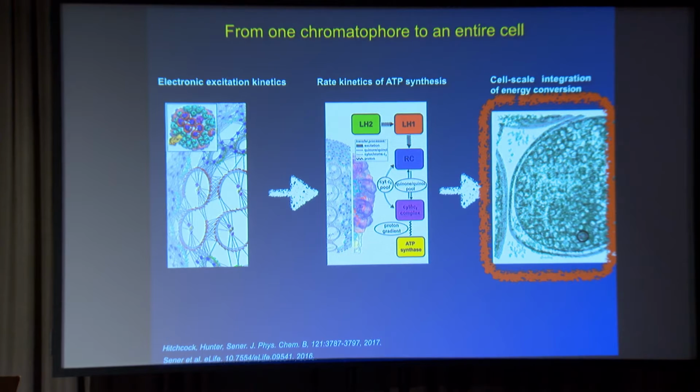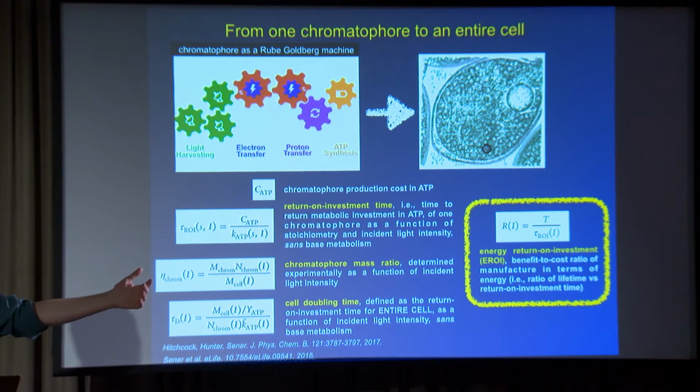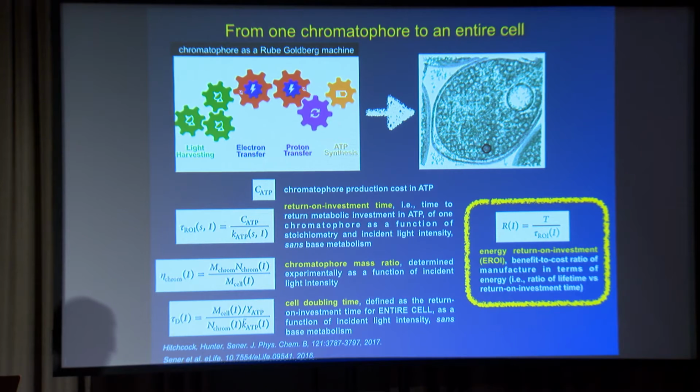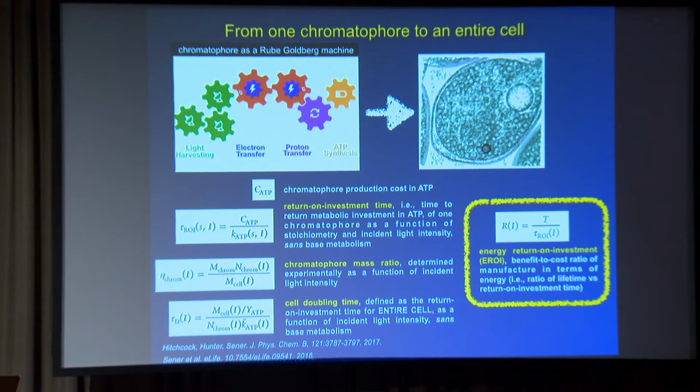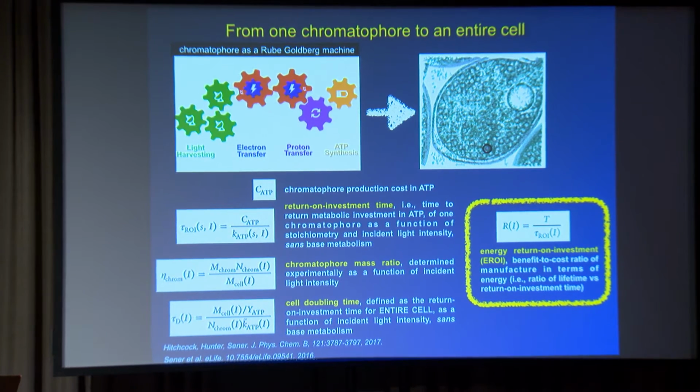So how do you climb from the scale of a single chromatophore to the cell? This is a collaborative work, again, with Neil Hunter's lab, where they provide us with the count of chromatophores for a given growth condition for a Rhodobacter spheroides cell, because there's no way you can produce such information by a first principles computation.